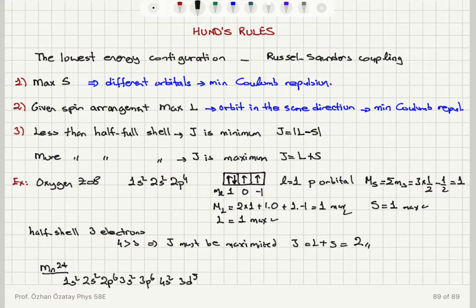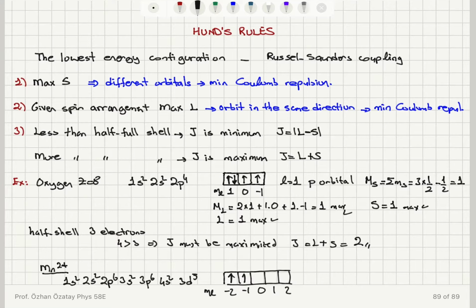So we have the d orbital that is half full. So we're going to place 1, 2, 3, 4, 5 boxes. This will correspond to m sub l values minus 2, minus 1, 0, 1, and 2.